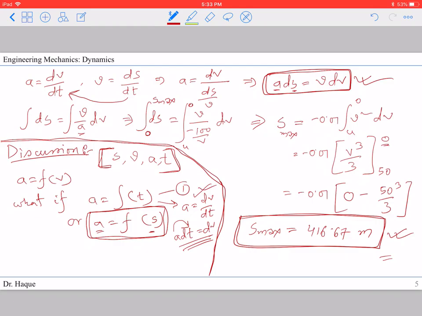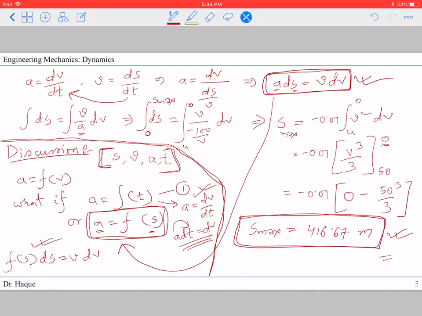We can use the equation that we just derived, the one that connects a with a function of s, so we can have a function of s ds, which is good for integration, and v dv. So this will be our plan to start the solution if acceleration is defined as a function of distance or displacement s. So this is the solution of the first problem.